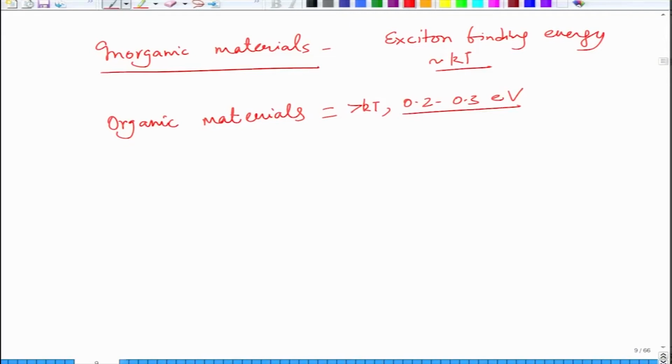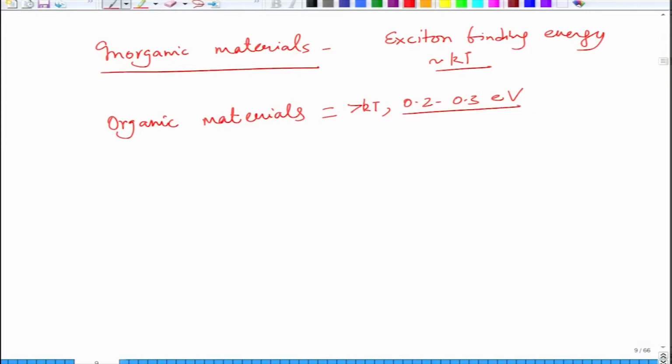This energy has to be supplied from somewhere. That is why you need to create a junction in such a manner that you have enough electric field available to break this exciton, and this has to come from the constituents of the solar cell.